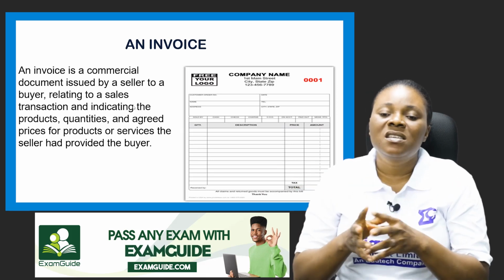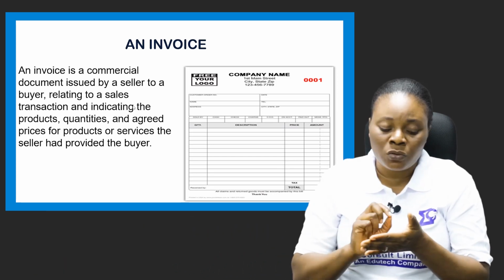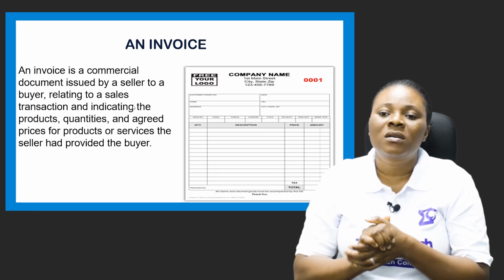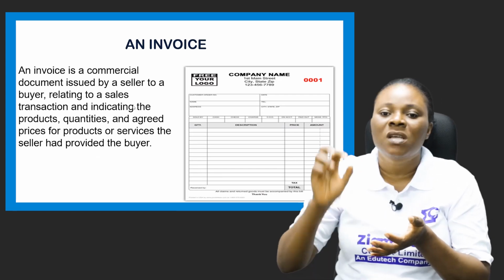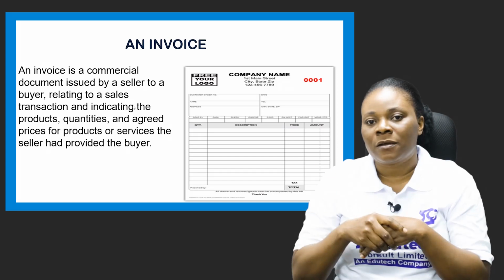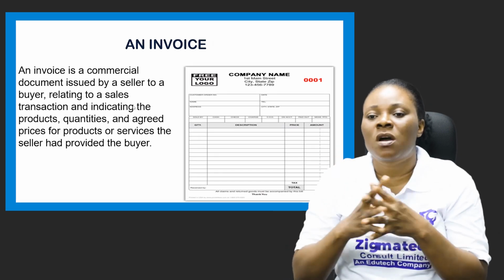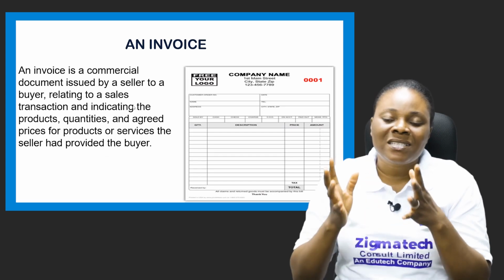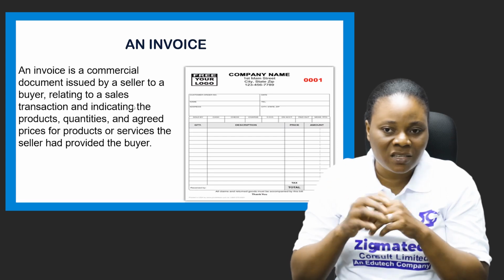This document is used to keep down the detailed information about the goods bought by the buyer. On the invoice, you have the comprehensive summary of what the seller has supplied to the buyer. And note this.